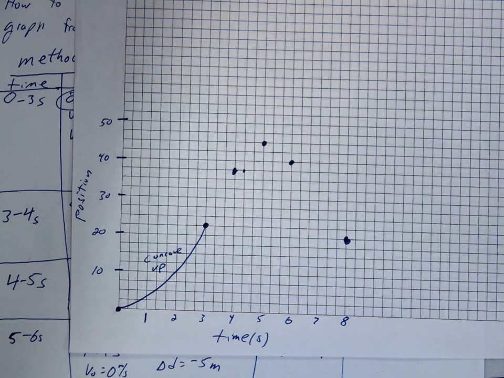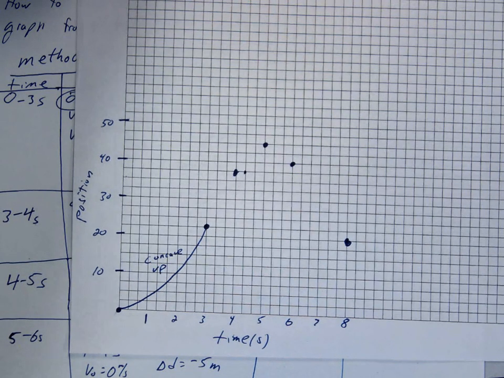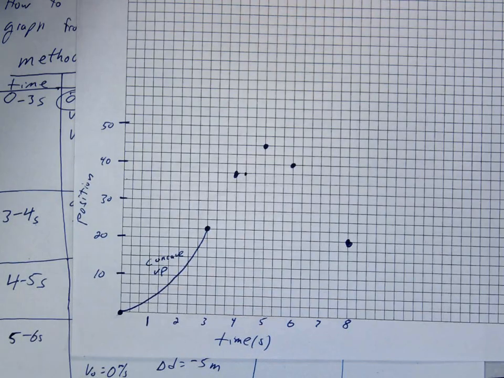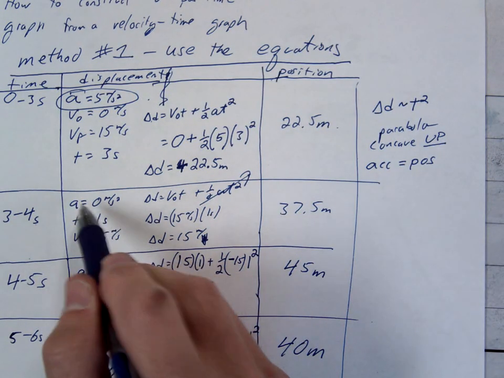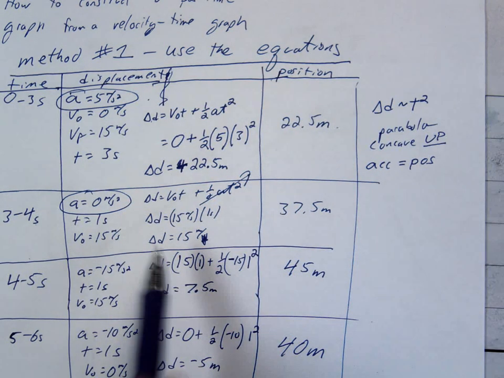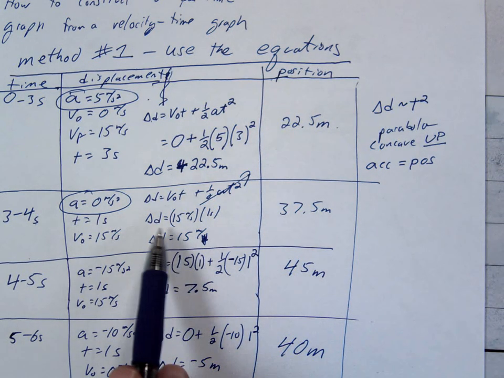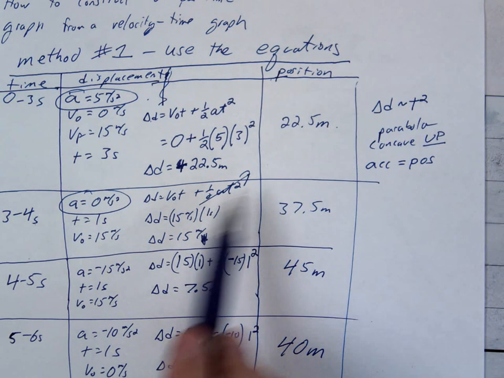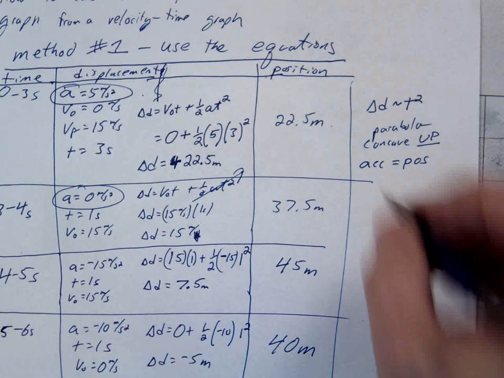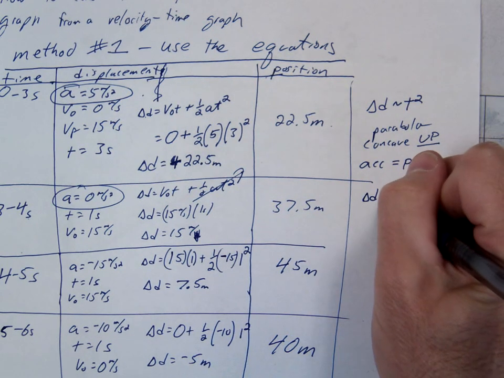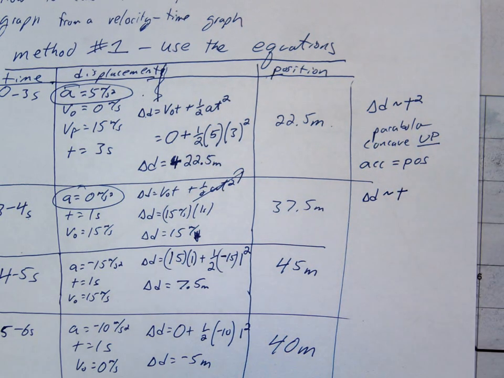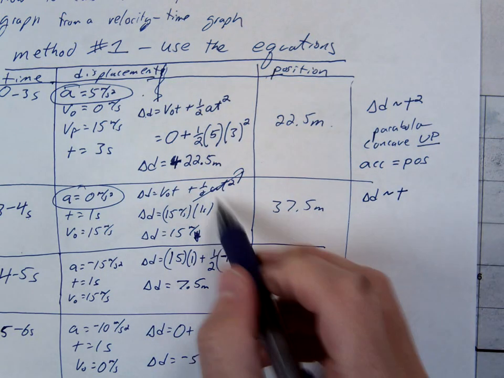Alright, so let's now do 3 to 4. What was true about the acceleration? The acceleration was 0, which means, notice what happened to our equation. The t squared dropped out. So in other words, delta d is simply proportional to t. Not t squared, but simply t, because the 0 dropped out the t squared.